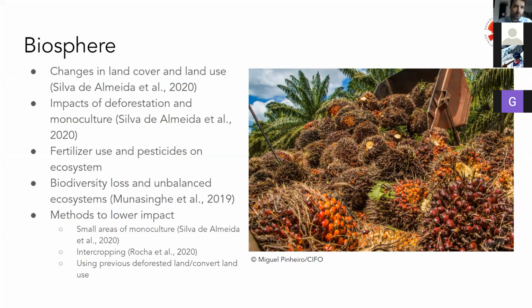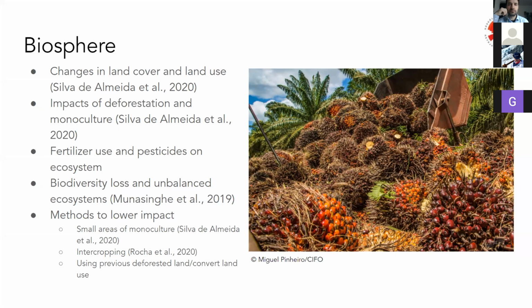For the biosphere, we plan on researching changes in land cover, land use, the impacts of deforestation and monoculture on the ecosystem, as well as the effects of fertilizers and pesticides. Unfortunately, with this type of monoculture production, biodiversity loss and unbalanced ecosystems is a big concern. Methods to lower impact in these areas include keeping monoculture practices small.